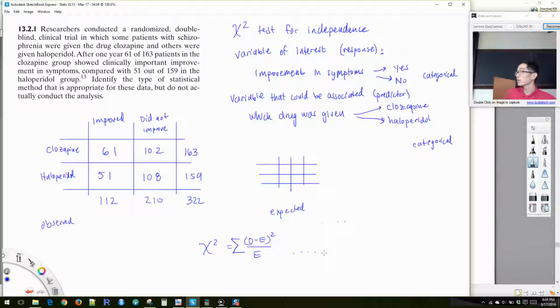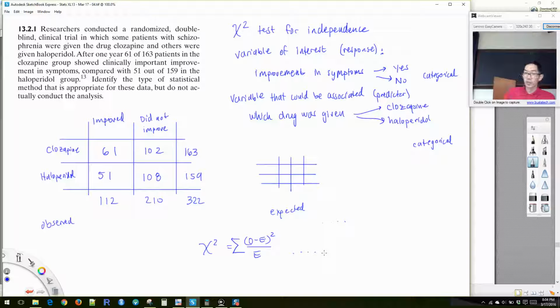Yes? In this case, you'd be testing whether the fact that they improved or did not improve is independent from the drug? Yeah, we want to know is improvement independent of the drug received.